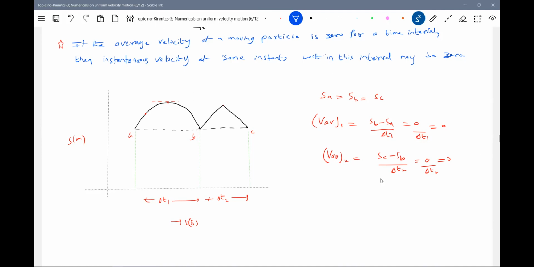So what is the interpretation? In an interval of time, instantaneous velocity may be 0, or is 0, you can write.